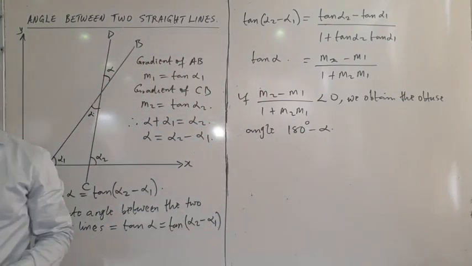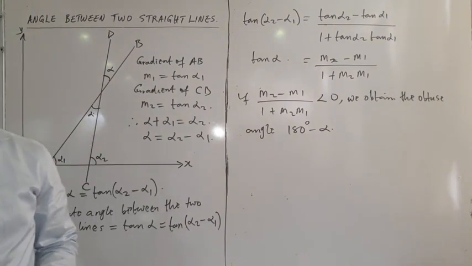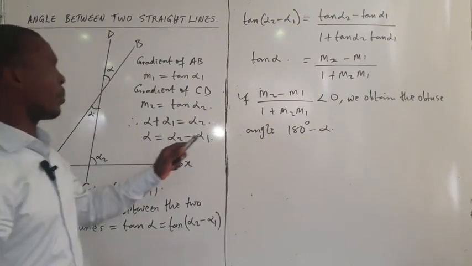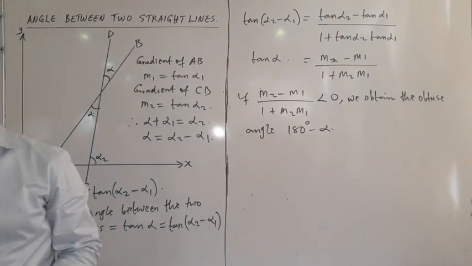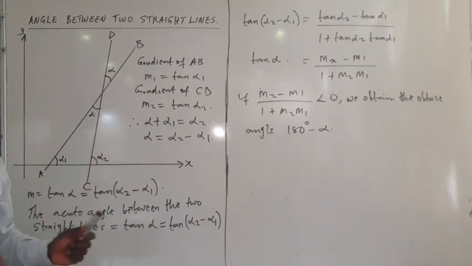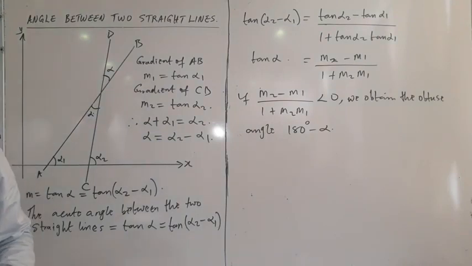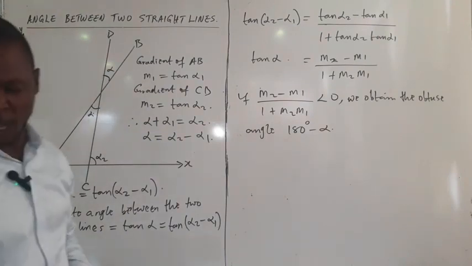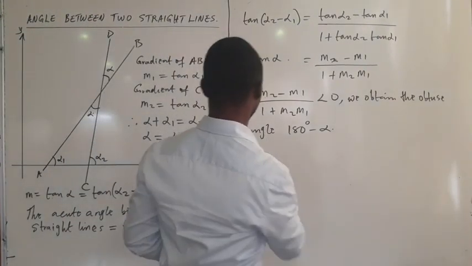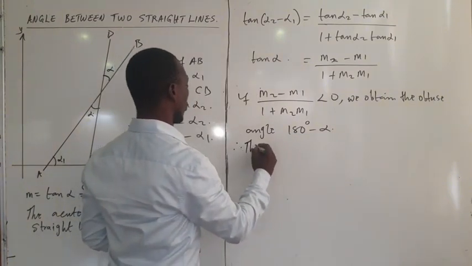That is when m2 minus m1 all over 1 plus m2 m1 is less than 0. So we obtain the obtuse angle, and the obtuse angle will be 180 degrees minus alpha.